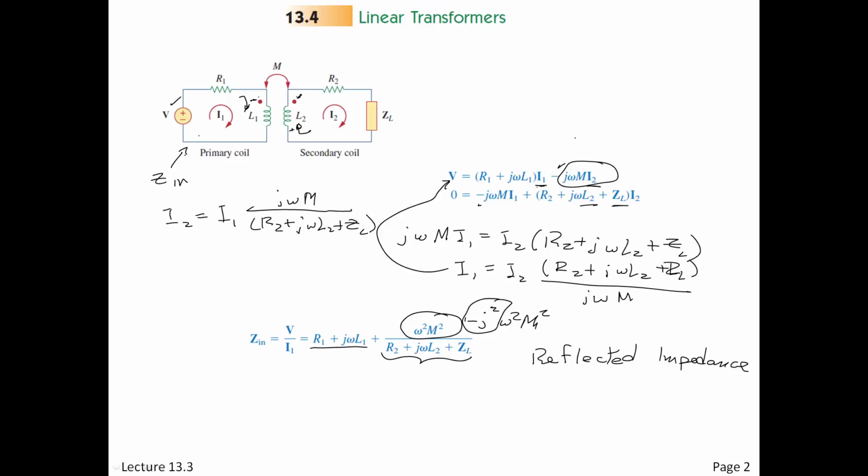It's how everything looks looking in here. This is a common move to make. And so you can look at the reflected impedance then as this portion back here. The total impedance will be the Zin. This portion down here, you now recognize, is the reflected impedance. Okay, so there's that, and we always have that going on.